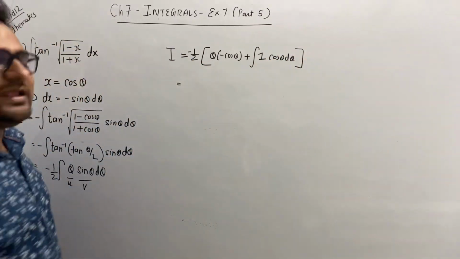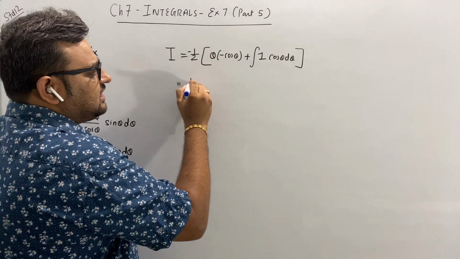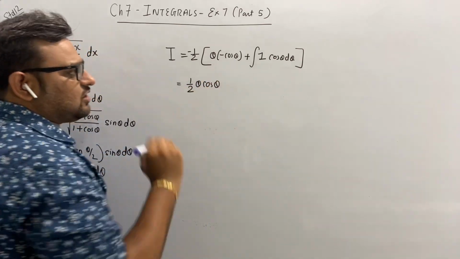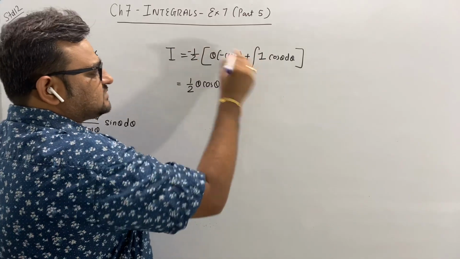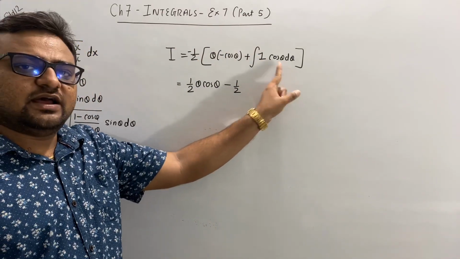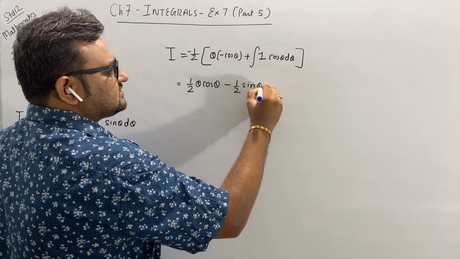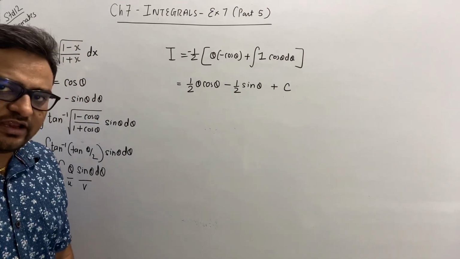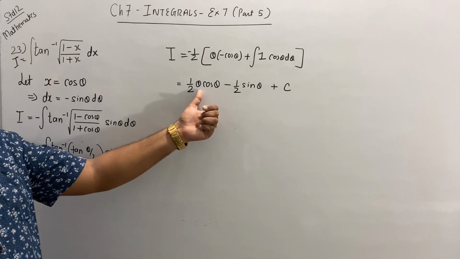Now let's multiply minus 1 by 2. Minus 1 by 2 into minus theta cos theta gives 1 by 2 theta cos theta, plus, minus 1 by 2, what is integration of cos theta? Sine theta. So it will be sine theta plus c. Clear? Now it's time to replace the value of theta.